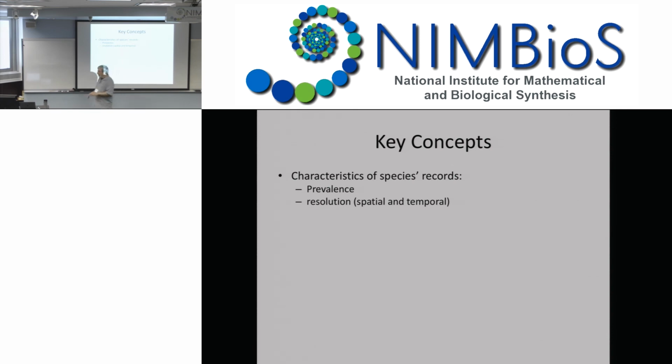Okay? So you have to pay very close attention to the precision and accuracy of these data, and how you do that will depend on your particular taxon and your particular data sources and your particular methodology. Okay?